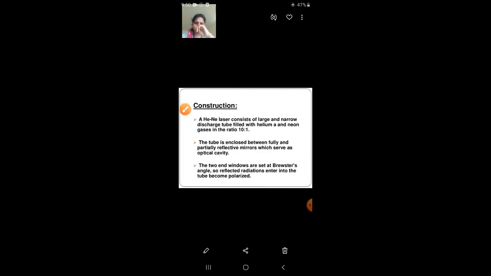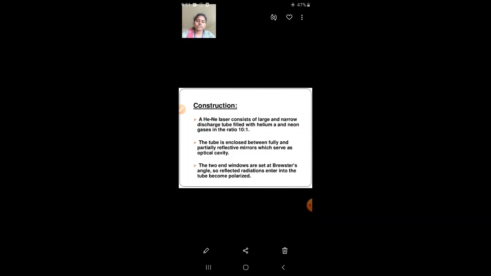Construction. First point: a helium neon laser consists of a long and narrow discharge tube filled with helium and neon gases in the ratio of 10:1. We have already seen this. The tube is enclosed between fully and partially reflective mirrors, which serve as the optical cavity.